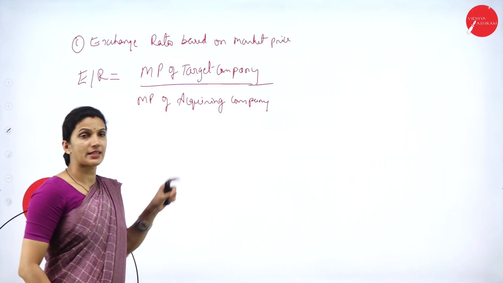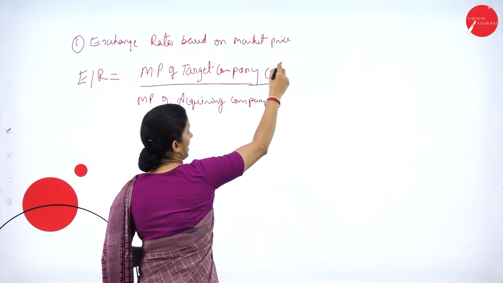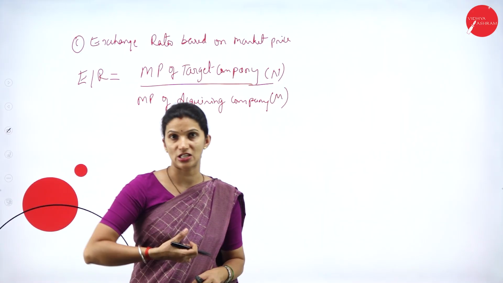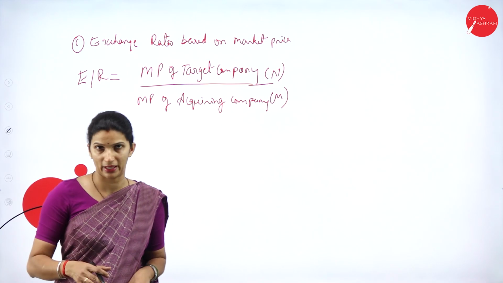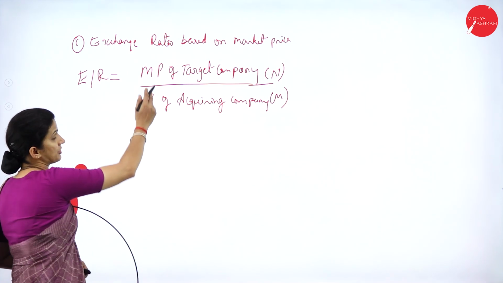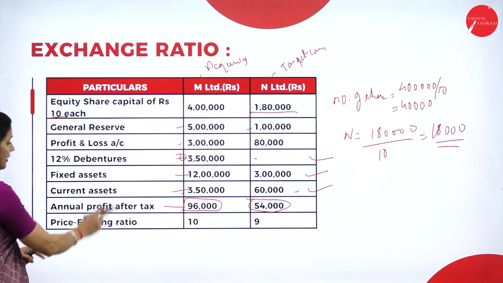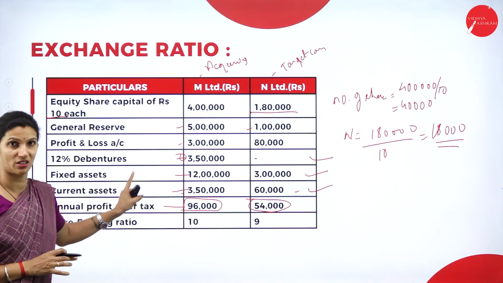So here the target company is N Limited and the acquiring company is M Limited. So to calculate the exchange ratio based on market price, we need the market price of both the companies. But in this question, we don't have the market price mentioned anywhere.